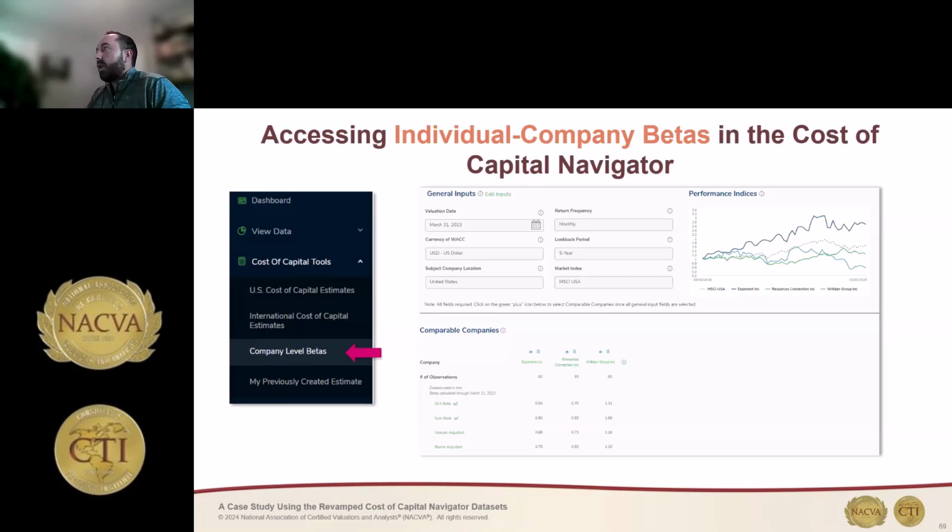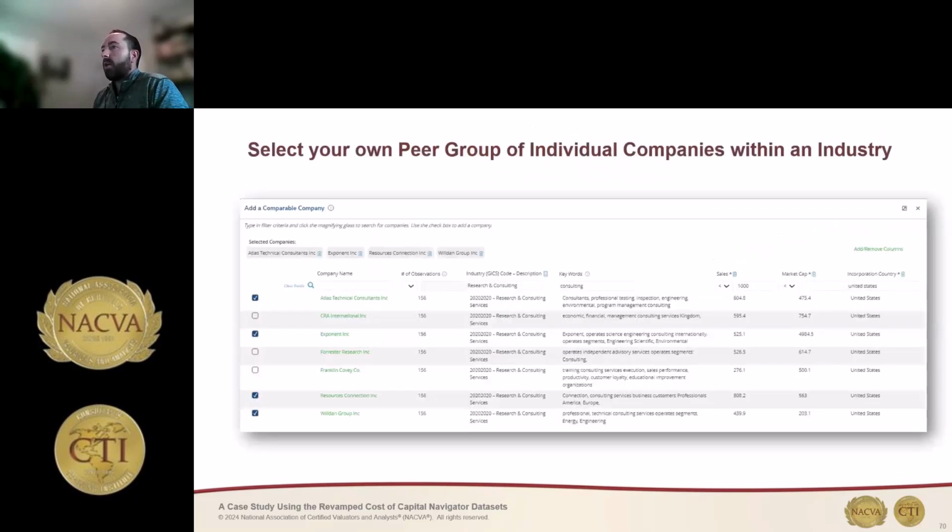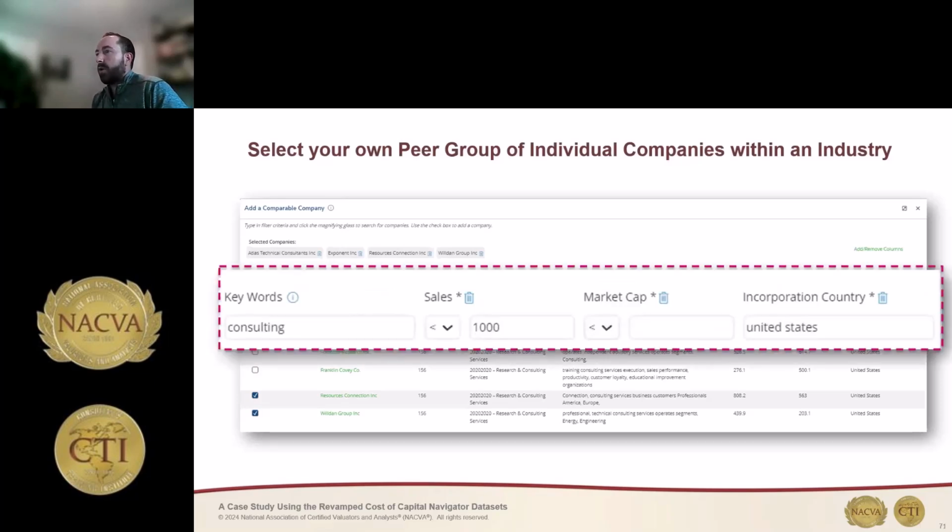And so next is selecting your own peer group. We have a company lookup tool to do that. We have the ability to search for companies by their name, by their industry, keyword search using their business descriptions, and some other ways to screen for companies using financial statement metrics such as sales or market cap, EBITDA, where they're incorporated, et cetera.